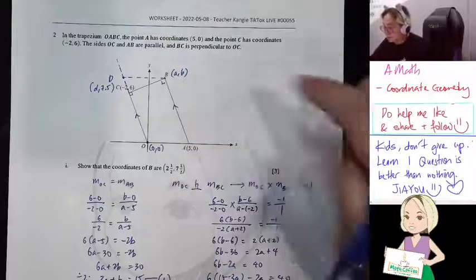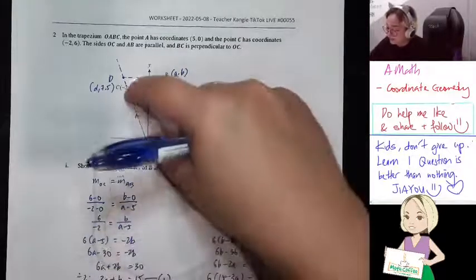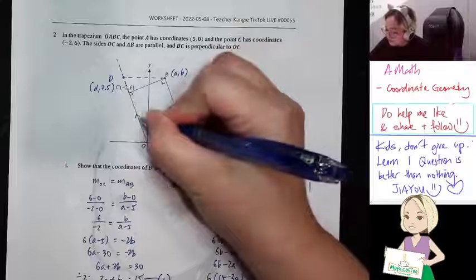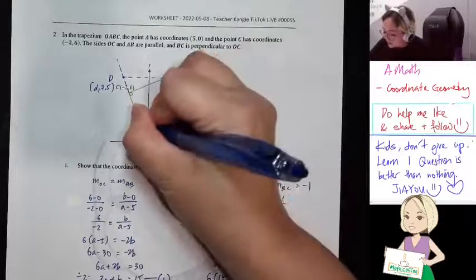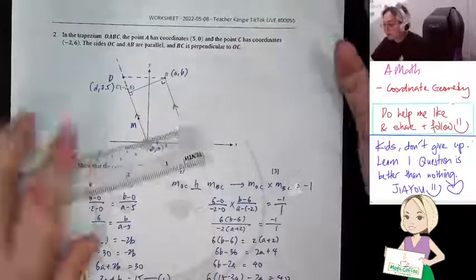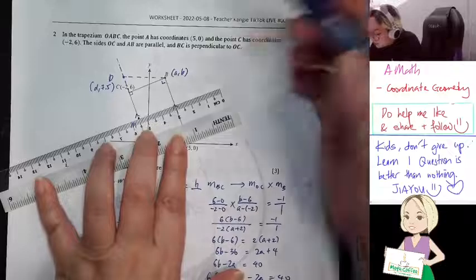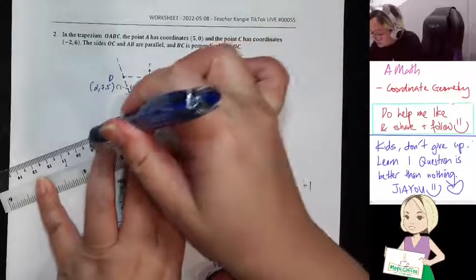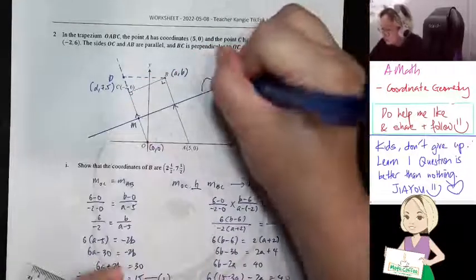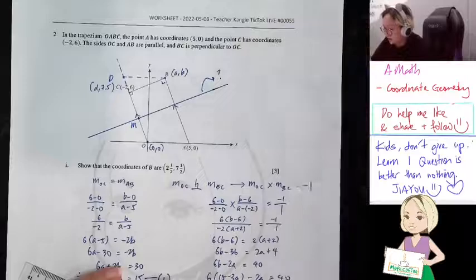So now they want to find the perpendicular bisector of OC. That means I will go to OC. You can mark a point and label this as M because this is the midpoint. They want the bisector, so that means it will be this line. So they are asking you to find this line.